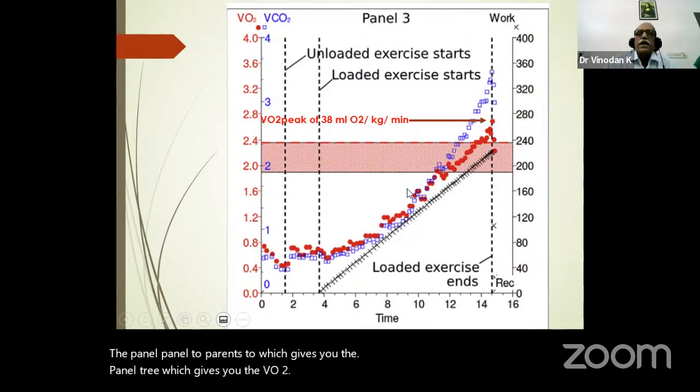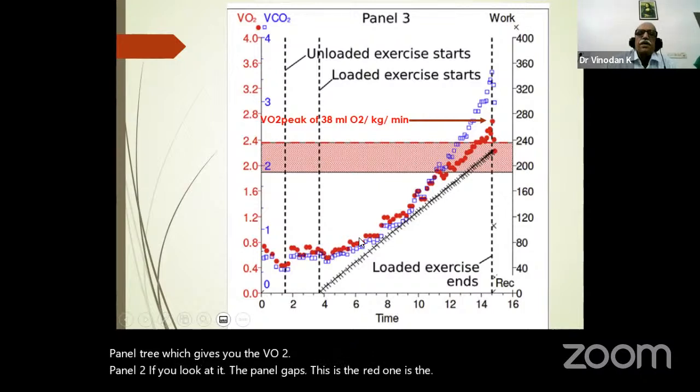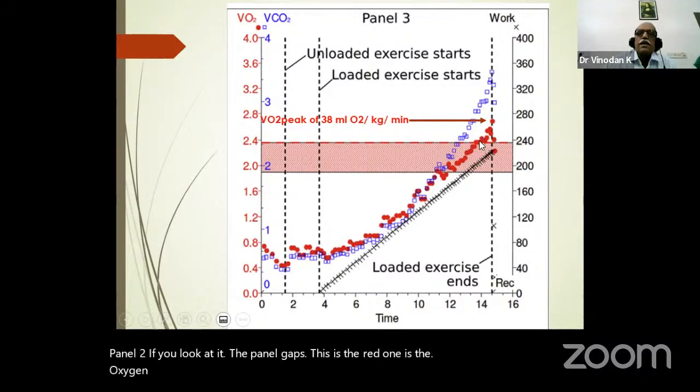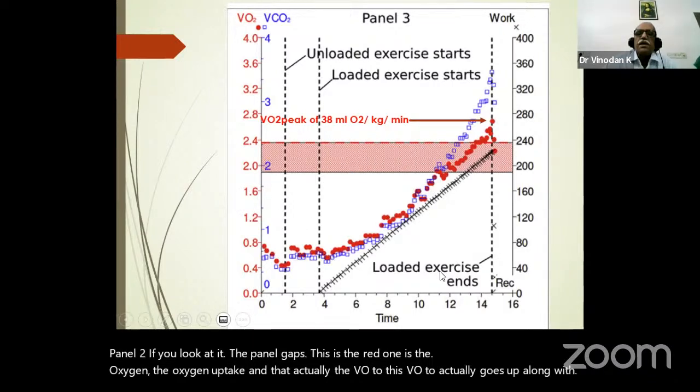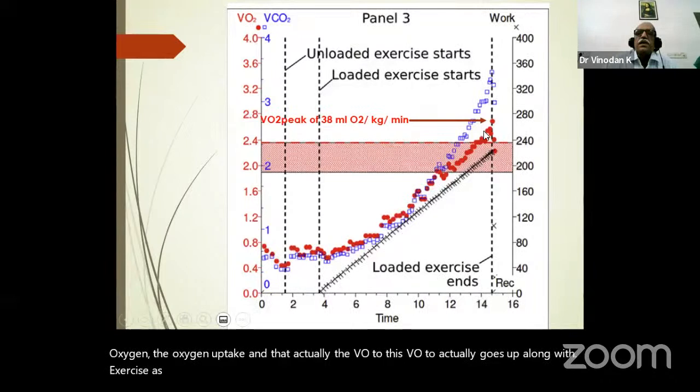In this panel, the red one is the oxygen uptake, this VO2, and it goes up along with the exercise. As the load of the exercise increases, you look at this maximum.